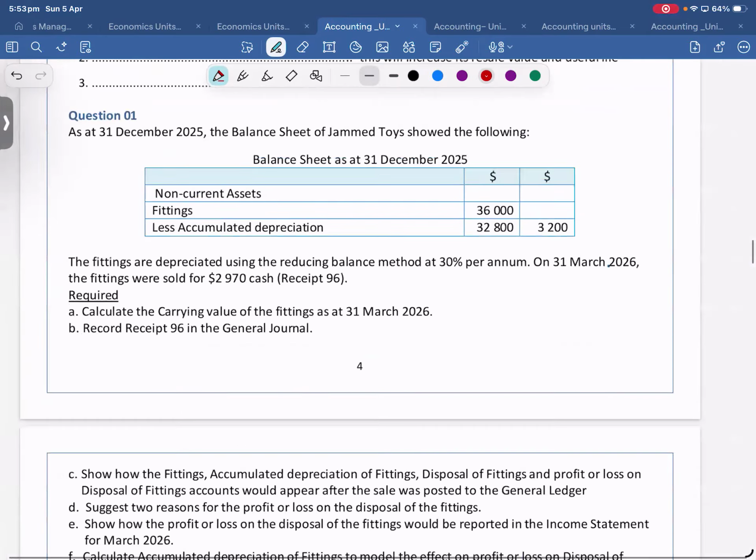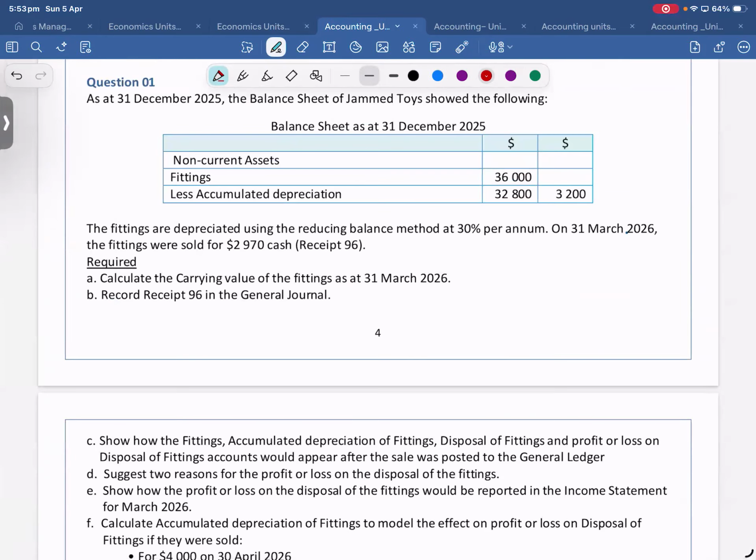Question number 1. If we are going to do all of these, except number 1, number 2, 3, 4, 5 fall under one source document. You will have only one source document, so that is actually making your life easier as well, right? Because you don't have to write narrations for all of them.